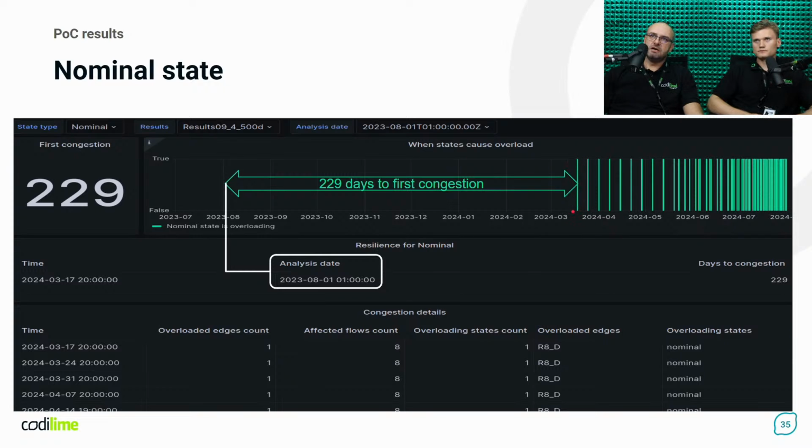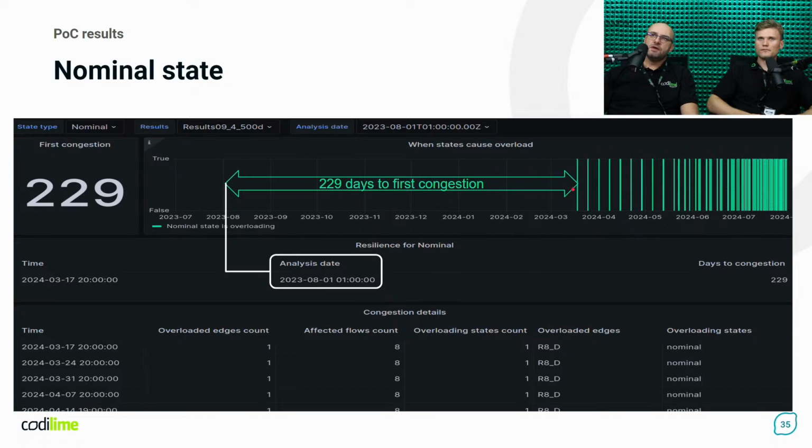So this is the bar, and so we have the time. We also have how many links will be overloaded, how many end-to-end traffic flows are affected by such congestion, and in particular which link and which network state is causing it.